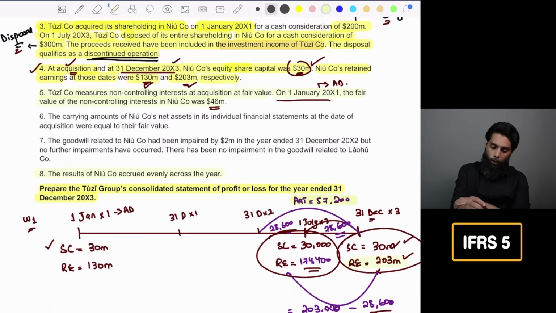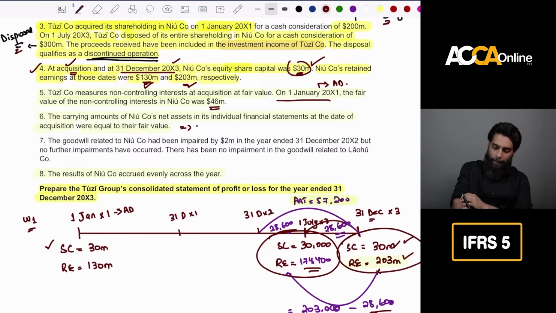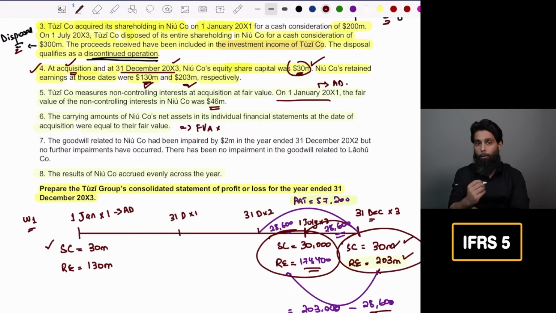The examiner goes on to say that the carrying amount of the new company's net assets in the individual financial statements at the date of acquisition were equal to their fair value. So technically, there were no fair value adjustments required at the date of acquisition.